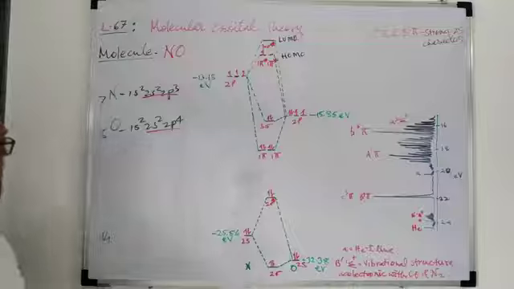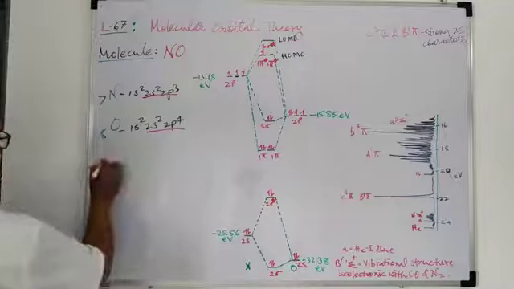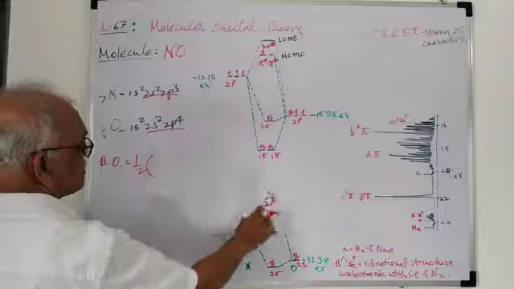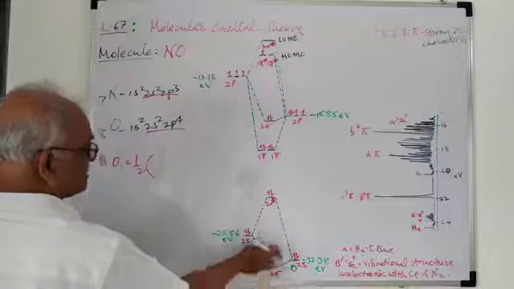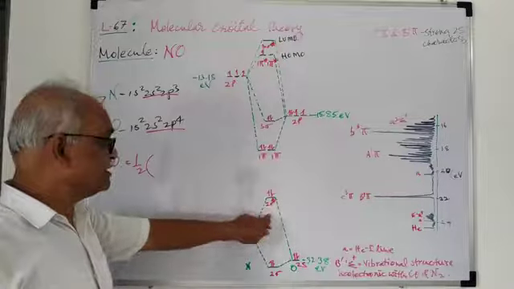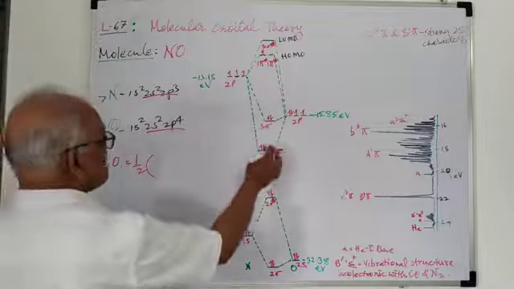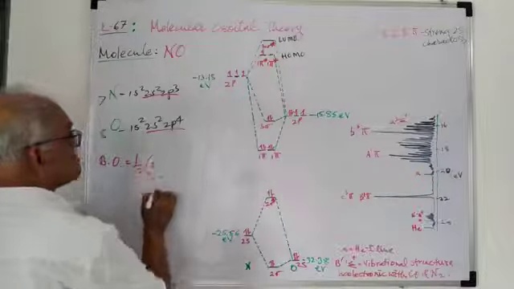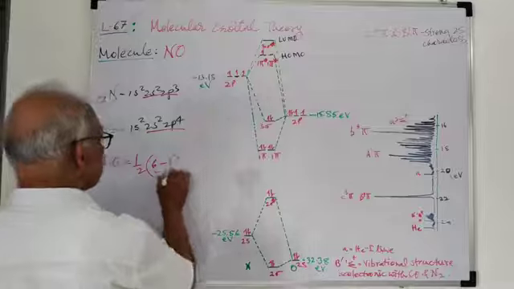That is why, if we calculate the bond order, we can cancel these 2 electrons against these, because the bonding effect is equivalent to the antibonding effect. Then there are these 4 electrons and these 6 electrons in bonding, 1 electron in antibonding.